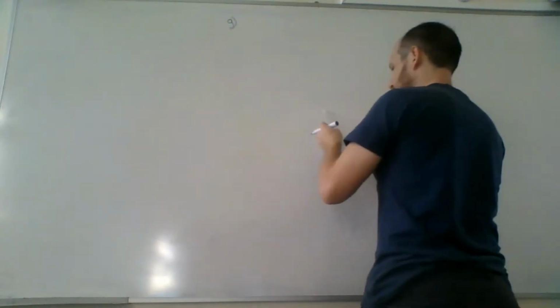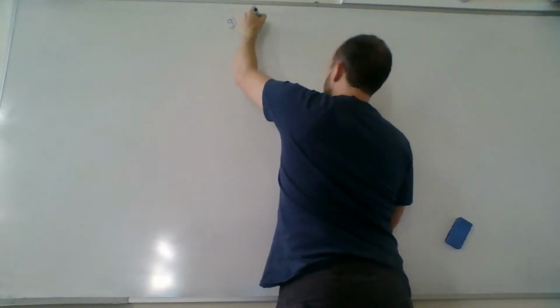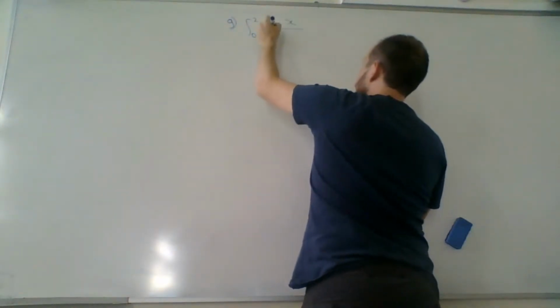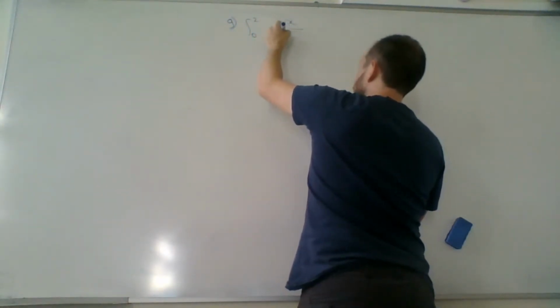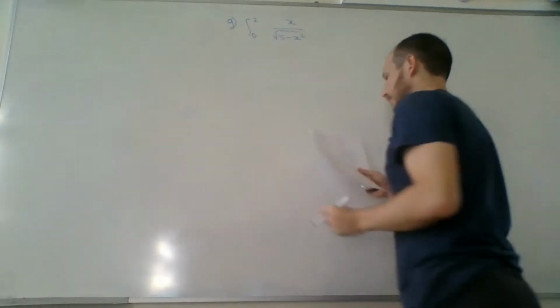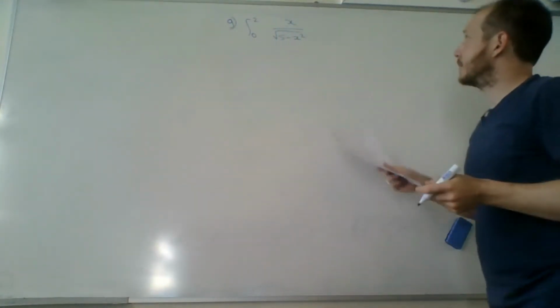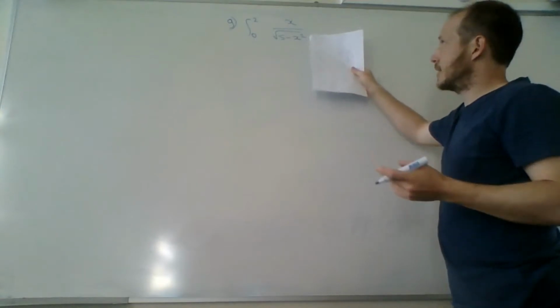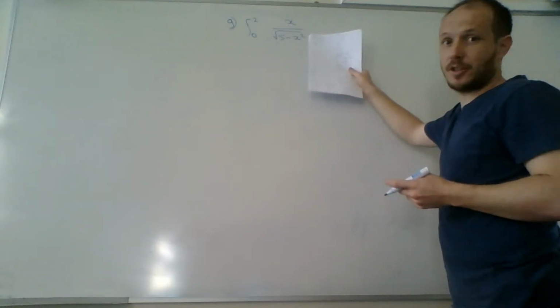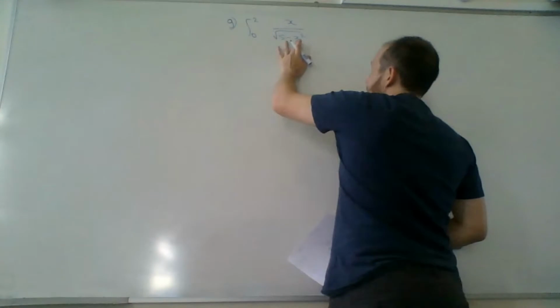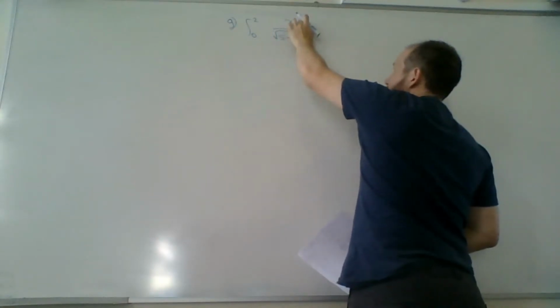Part G. The integral from 0 to 2 of x over the square root of 5 minus x squared. So again, look at our two parts. We're going to need to use the last method, which is substitution. Now, obviously, the derivative of this part is going to be some multiple of this.